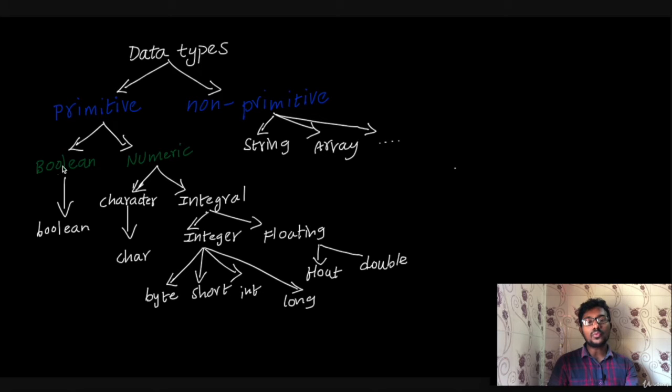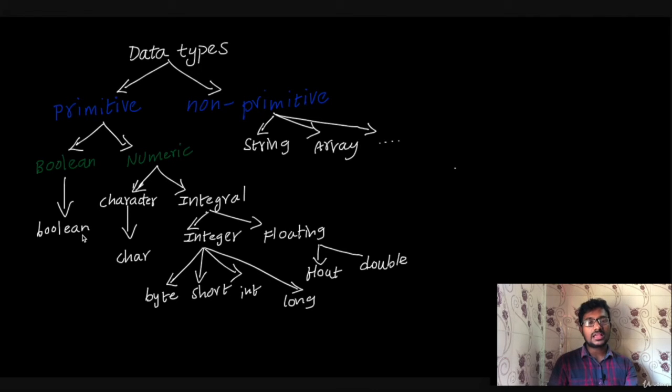Under the Boolean category there is only one primitive data type, which is called boolean, with a small b. Using this boolean you can store either of two values, which is true or false. If your use case needs only two values, either true or false, then you could use the boolean primitive data type.